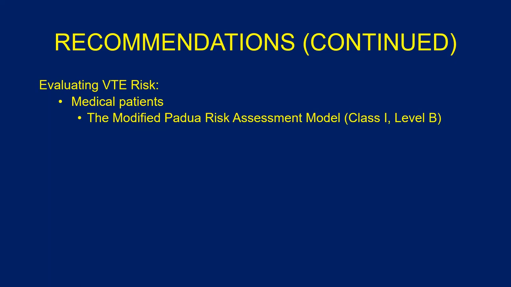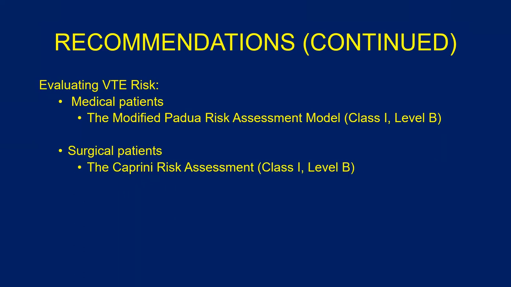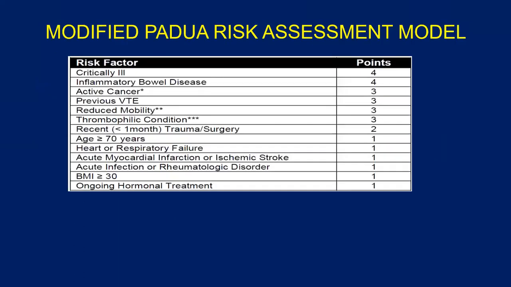Now, when evaluating patients for VTE risk from the medical aspect, what do we use? One thing you could use is the modified PADUA risk assessment model, which is a class 1, level B evidence. As for surgical patients, it's a different risk assessment model. You can use the CAPRINI risk assessment model. So here's the PADUA risk assessment model, for the medical patients that you have.